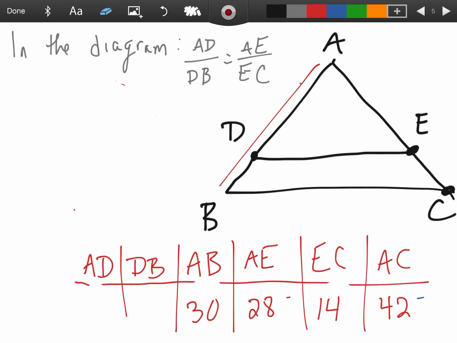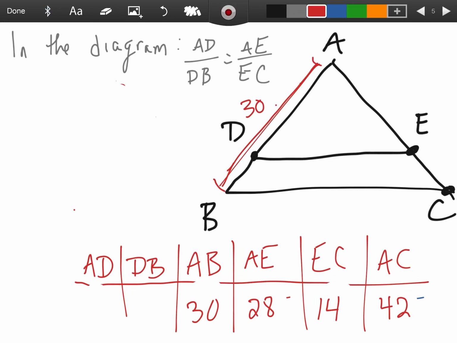So what I'm going to do in this position is assign a variable to one of the missing lengths. I don't know what AD is equal to. I don't know what DB is equal to, but I do know that the whole thing, AB, is equal to 30.